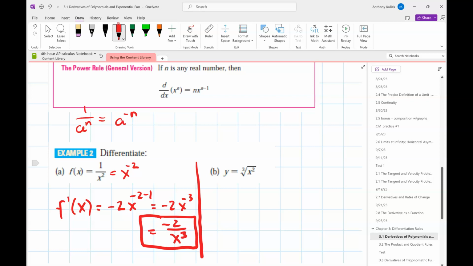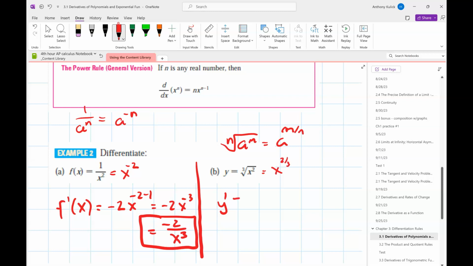Well, how about this next one, b? How am I supposed to do that, Mr. Kulik? I don't know how to deal with a radical. Yes. So we know that the nth root of a to the m is a to the m over n. So we'll think about this as x to the 2/3.